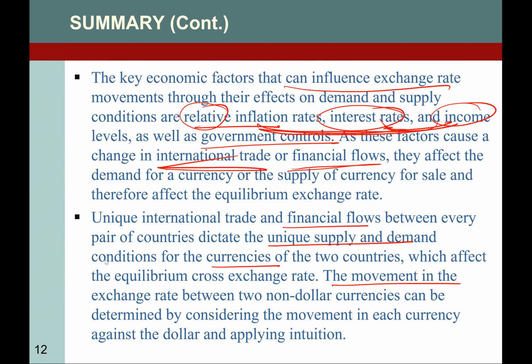The movement in the exchange rate between two non-dollar currencies can be determined by considering the movement in each currency against the dollar and applying intuition. We talked about the dimension method, in which we determine what kind of cross rate you want to calculate. If you follow my advice, then you don't need to think about dollars every time, because we are not American citizens.